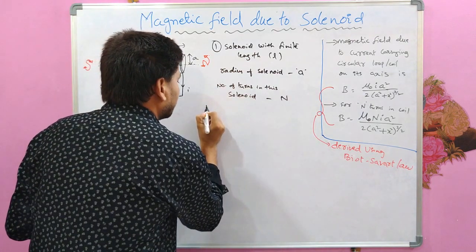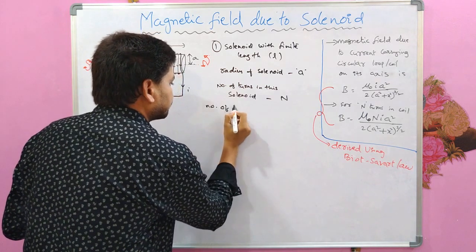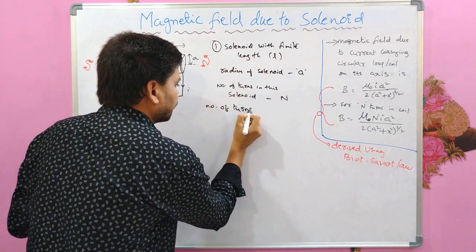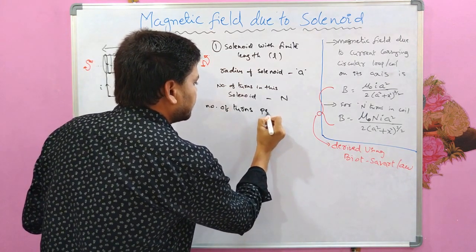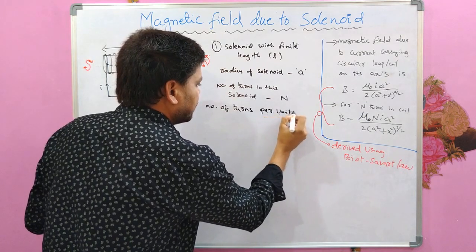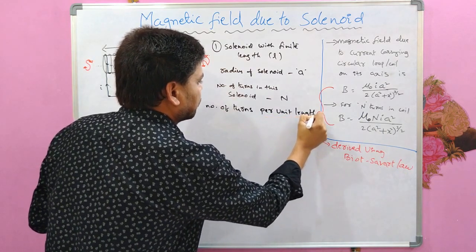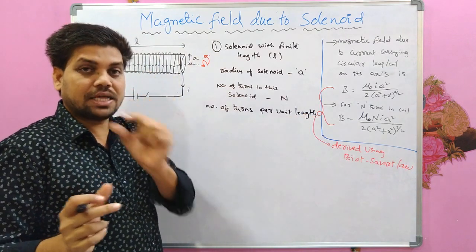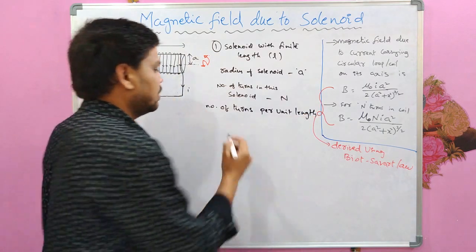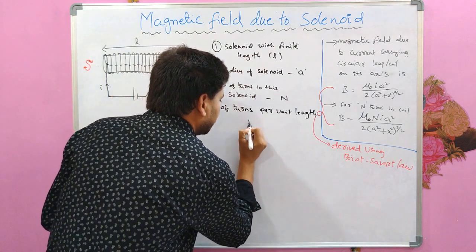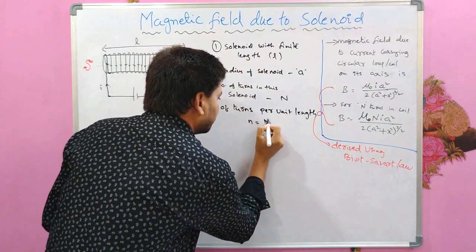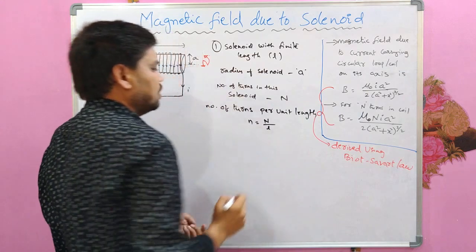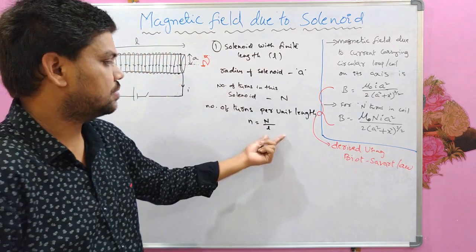Then the number of turns per unit length, this is a very important term. Number of turns per unit length means in one unit length how many turns are there, that I am taking as n equal to capital N by small l, the total length of it.